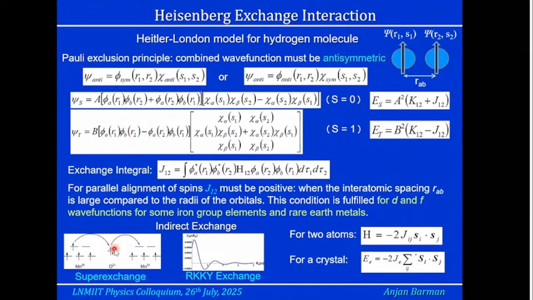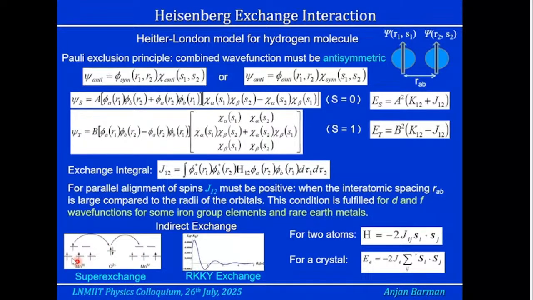And here you can also have the indirect exchange. For example, this is called super exchange or double exchange. So here, instead of directly exchanging the spin of the two electrons, you can also do it through another ion, let's say an oxygen ion.